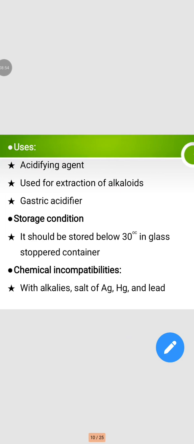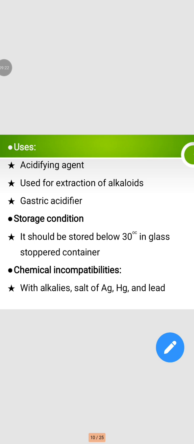Then uses. Hydrochloric acid is used as an acidifying agent, for extraction of alkaloids, and in gastric acidifiers.